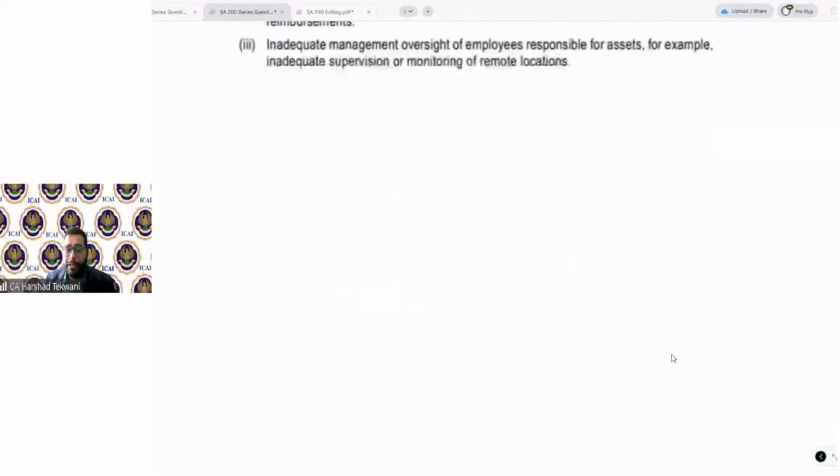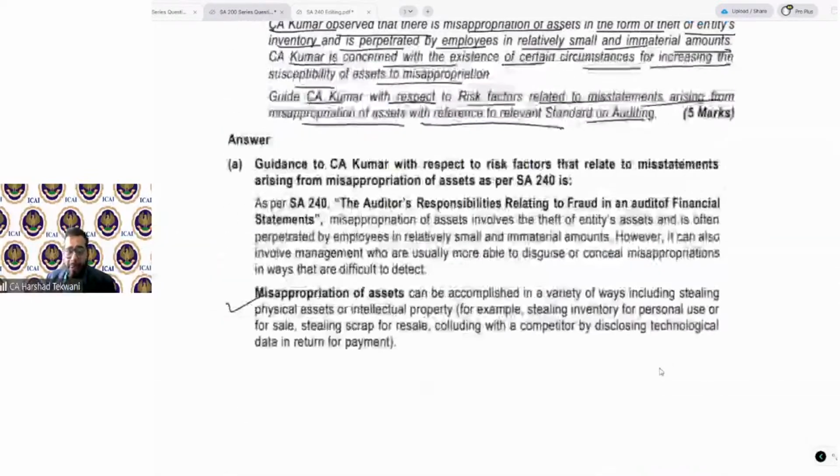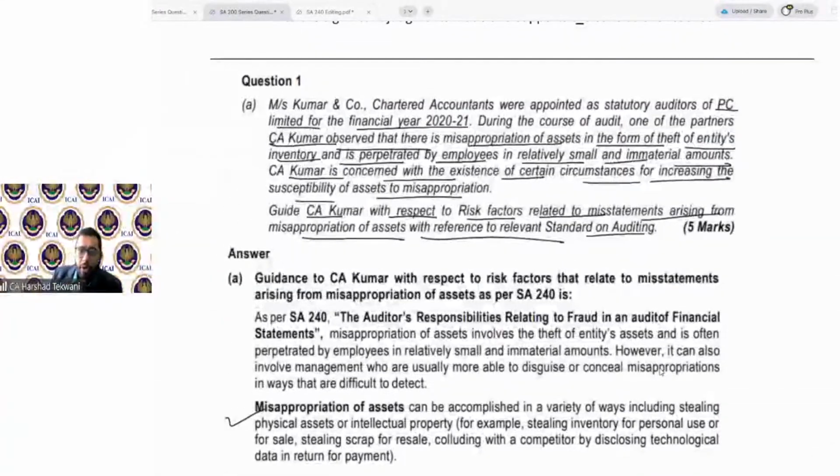And in the question, it is asked about misappropriation of assets, not only the inventory but assets. So I'm looking from the whole asset point of view, not just related to the inventory. Although in the question above you have the discussion of the inventory, it is asked for the whole of the assets.